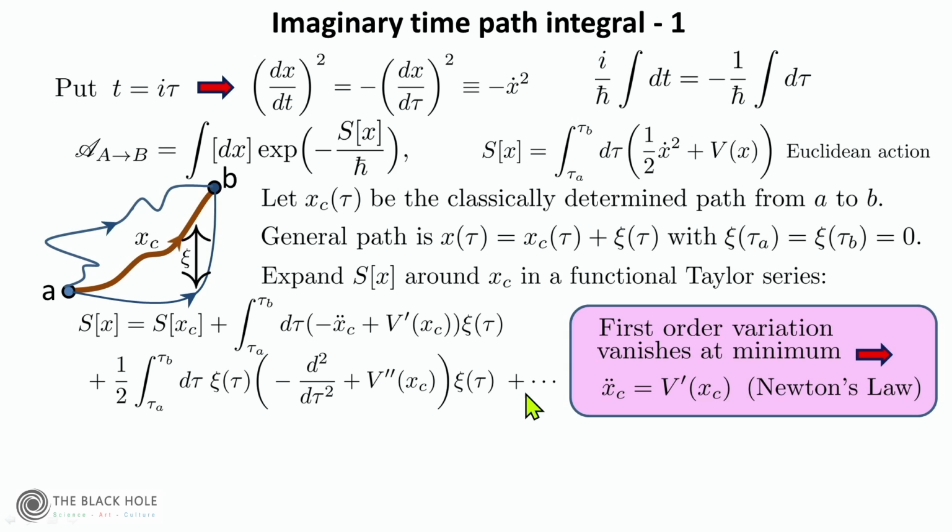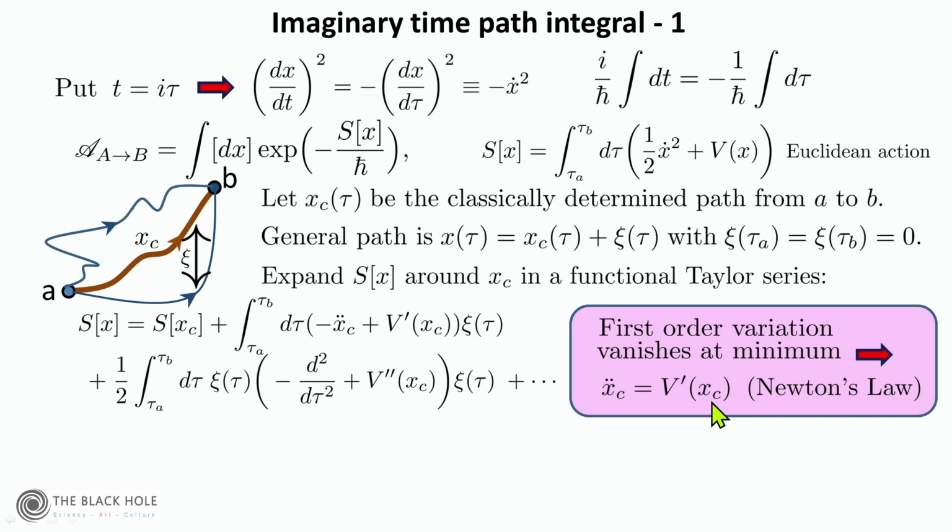Okay, now, how is this classical path to be determined? Well, we shall require the first order deviation to vanish, and that then gives us the second derivative of the position is equal to the derivative with respect to x of the potential.